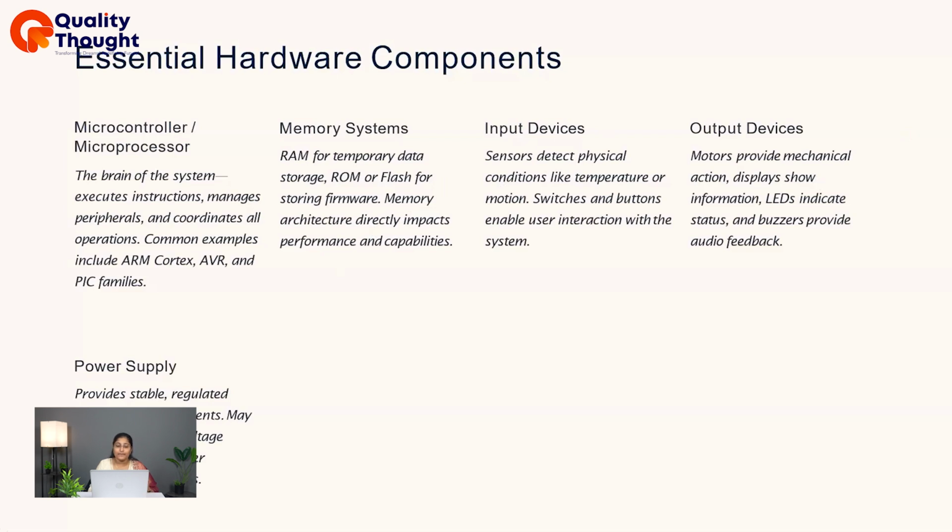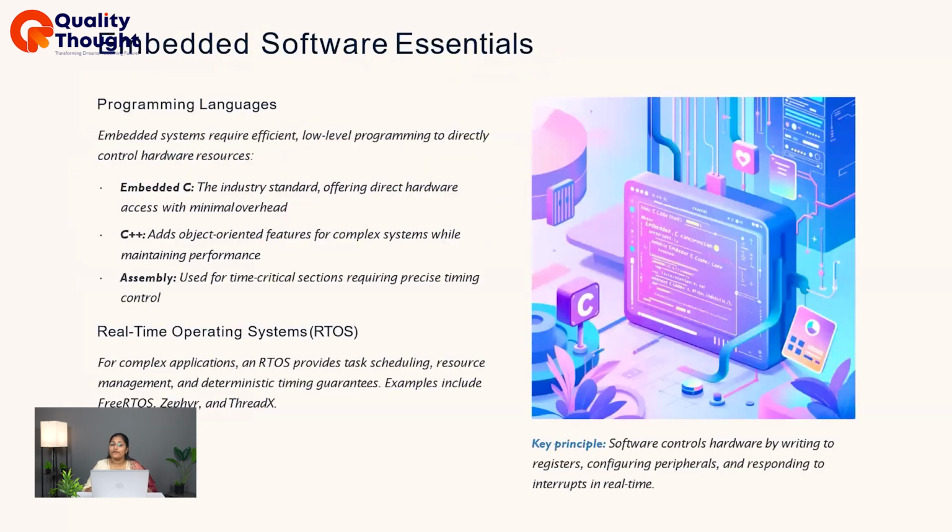Then the power supply: we use very small power supplies like batteries, voltage regulators and power management circuits, because we do not need much power. In VLSI we require more power, whereas an embedded system deals with less power supply and less size.